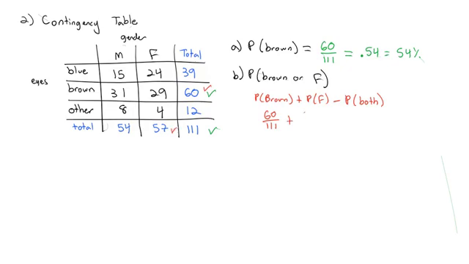Females, total females were 57 out of 111. The problem is these 29 in the middle were counted in both the brown row and the female column. Those 29 people were counted twice. So we have to subtract off the both. Where they overlap is 29 out of 111. And when we do that, we should get 88 out of 111, or 0.79, approximately 79%.